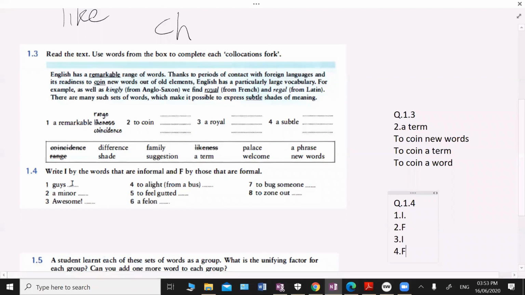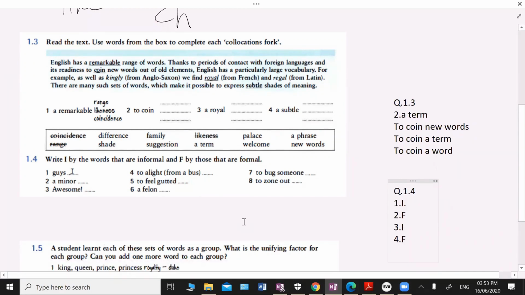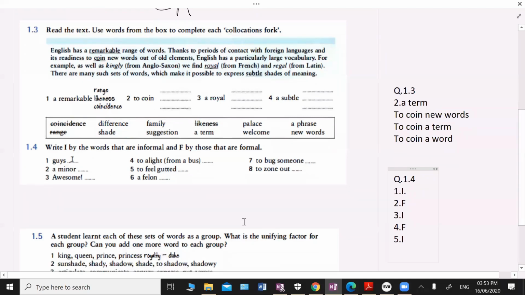Next one, number 5, to feel gutted. Gutted means feel disappointed. Number 5, informal. To feel gutted, to feel disappointed. Number 6, a felon, means someone who has committed a crime or serious offense. That is called a felon. This is formal.